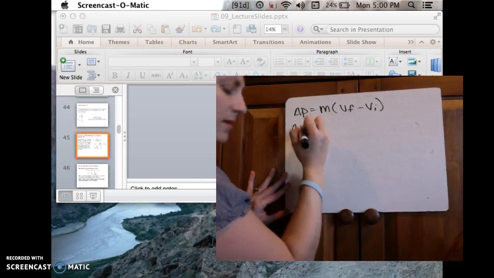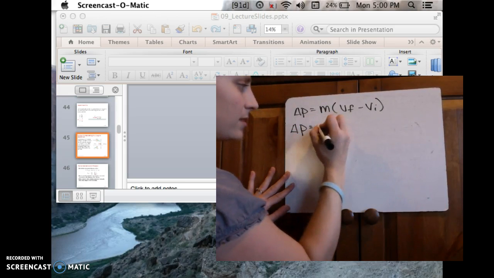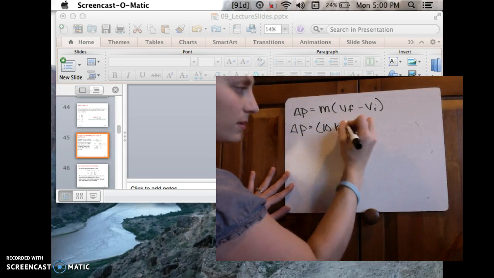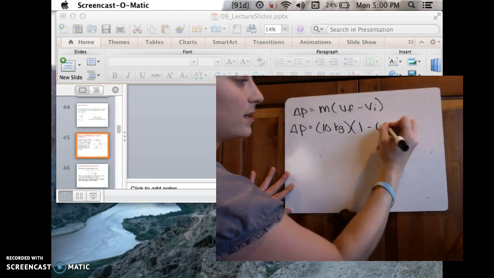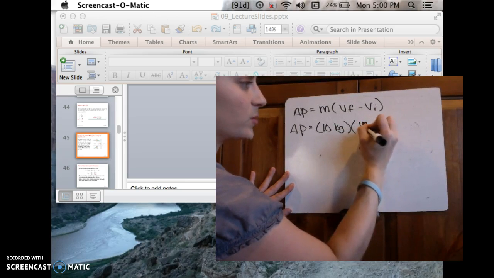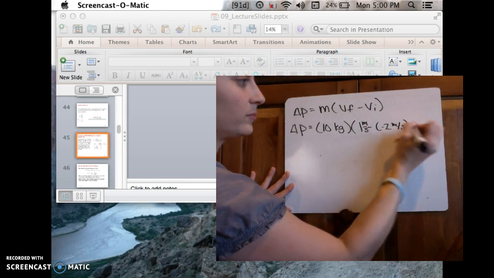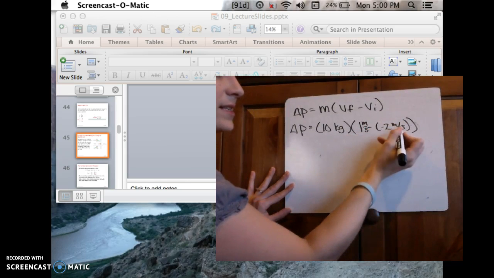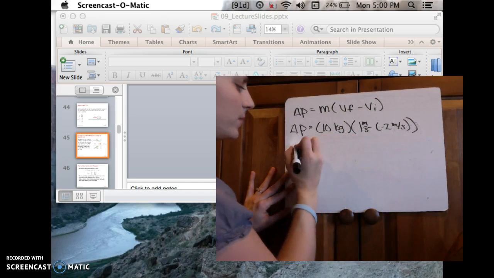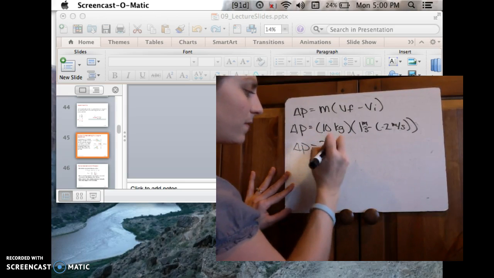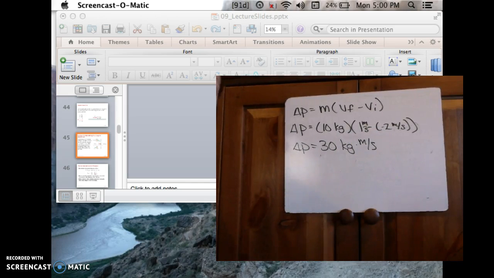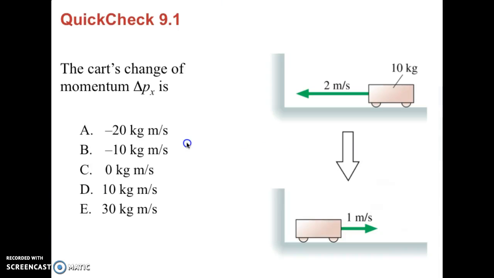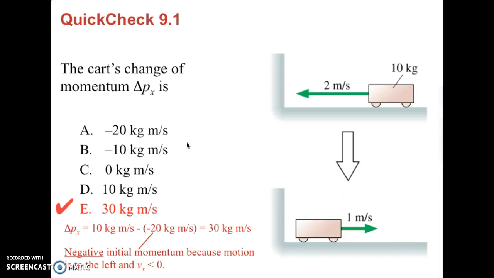So I have delta P equals 10 kilogram cart times v final minus v initial, 1 minus negative 2 meters per second. All right, so 1 minus negative 2 is just 1 plus 2. So we end up with a change in momentum of 30 kilograms times meters per second. All right, so hopefully you found that answer 2 in the quick check to be E.